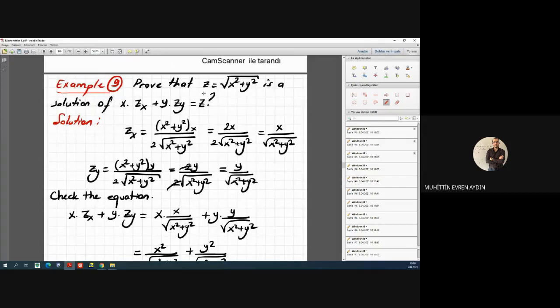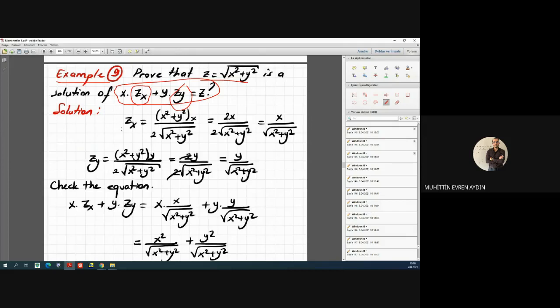Example, prove that this function is a solution of this partial differential equation. For the solution, we have to replace the values of derivatives in this equation. So we have these derivatives, and one is x over square root of x squared plus y squared, and symmetrically up to x and y.